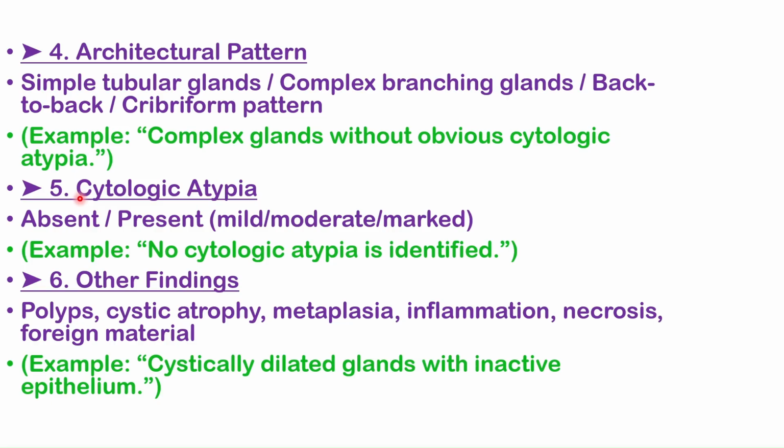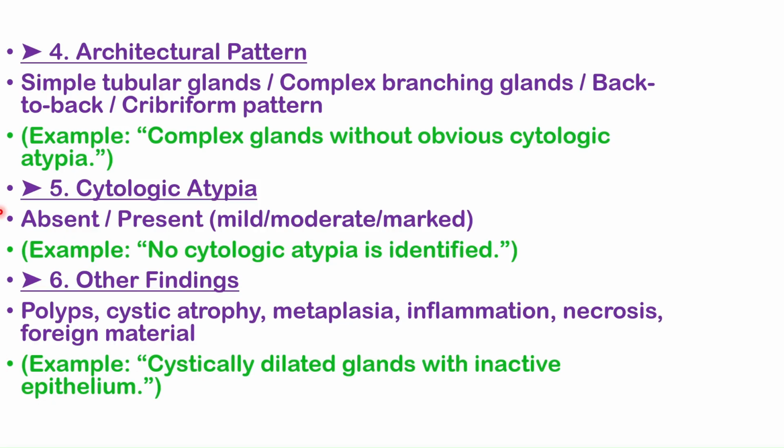Now fifth is cytological atypia, whether it is present or absent. If present, whether it is mild, moderate, or severe. For example, no cytologic atypia is identified. And other findings like polyps, cystic atrophy, metaplasia, inflammation, necrosis, foreign material, if present, then you have to write down.